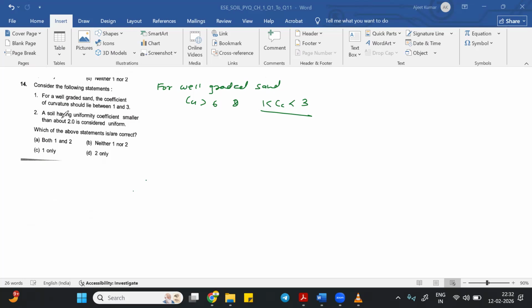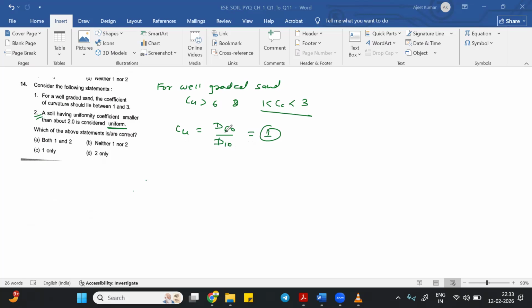Second statement, a soil having uniformity coefficient smaller than about 2 is considered as uniform. Yes, this statement is also correct. Cu is D60 by D10, and if it is equal to 1, then the soil is uniformly graded or poorly graded, because D60 and D10 are exactly equal.